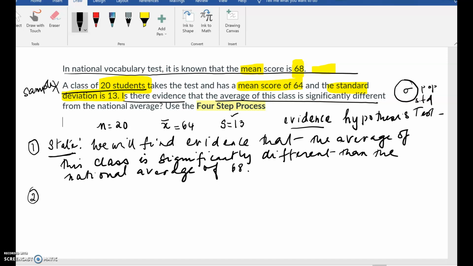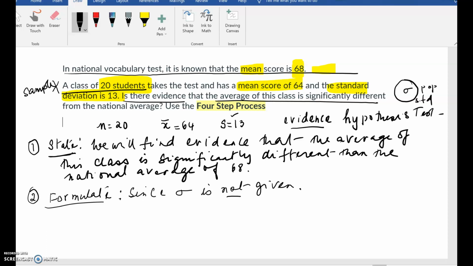Our next step is formulate. So in the case of formulate, we're going to say, since sigma is not given. Clearly what is given is S and not sigma. It's referring to a sample.